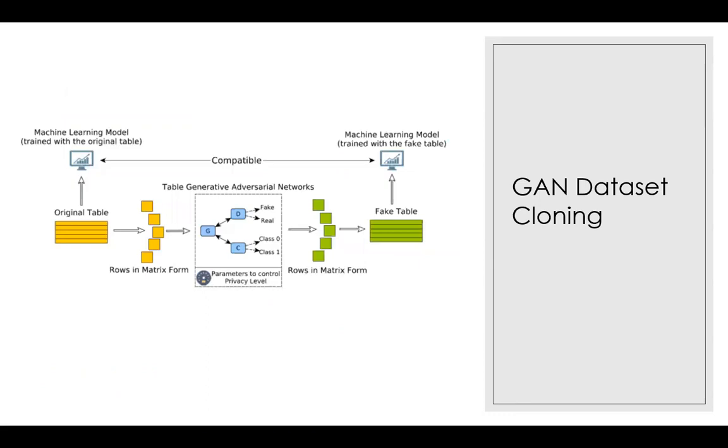The example they give here is generating fake tables and then building machine learning models using both tables and comparing them, and they generally have near identical performance between the two.